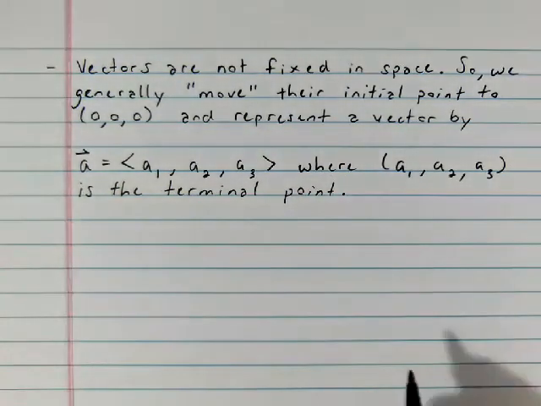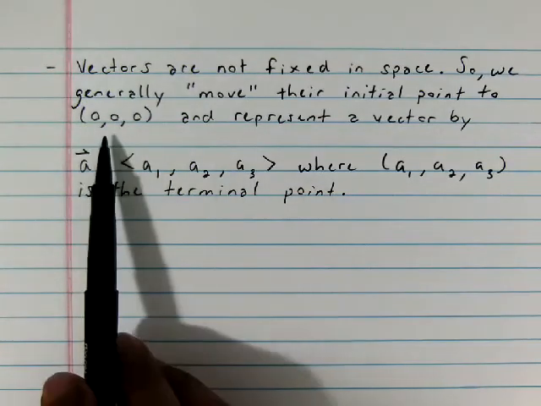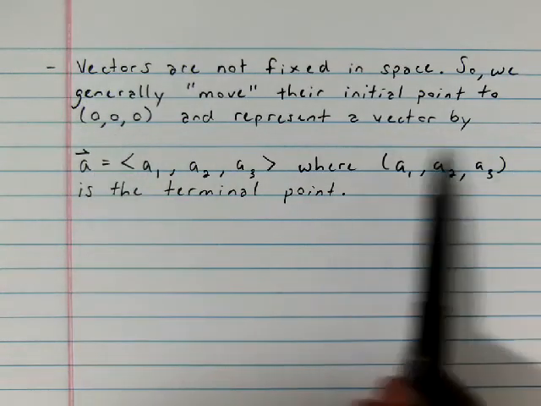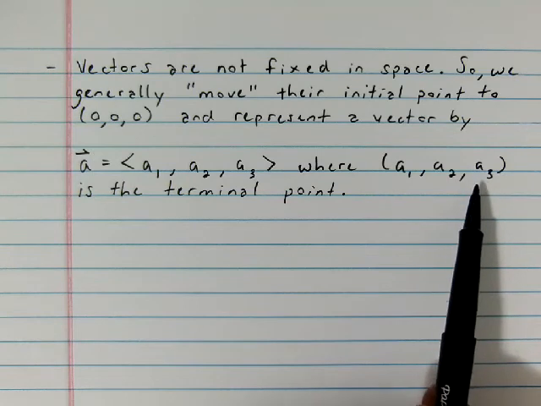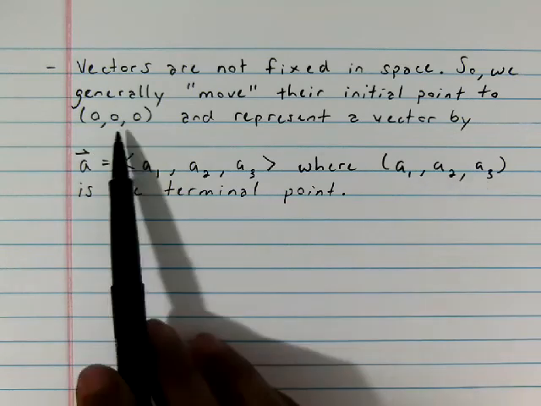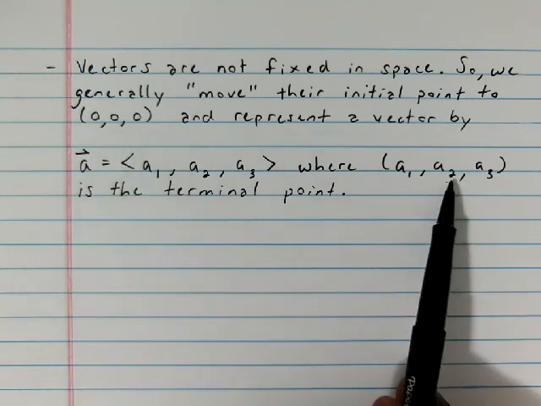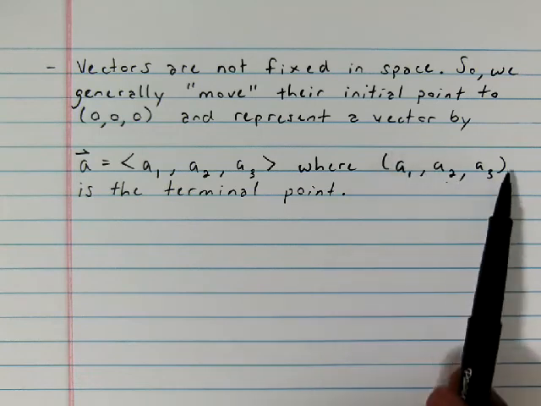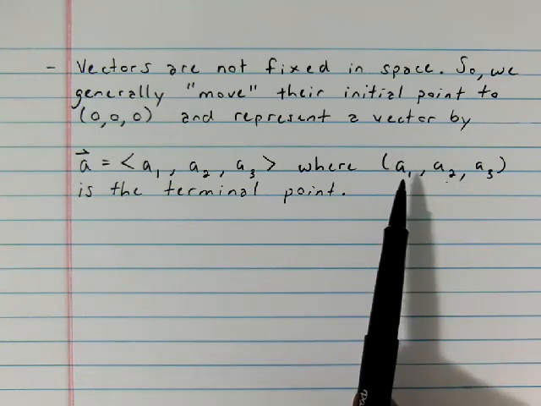So now we know that our initial point is just the origin, and this point right here is the terminal point. And now if we want to talk about the vector that goes from here to here, all we have to do is put vector brackets around these coordinates, and then we have our vector.